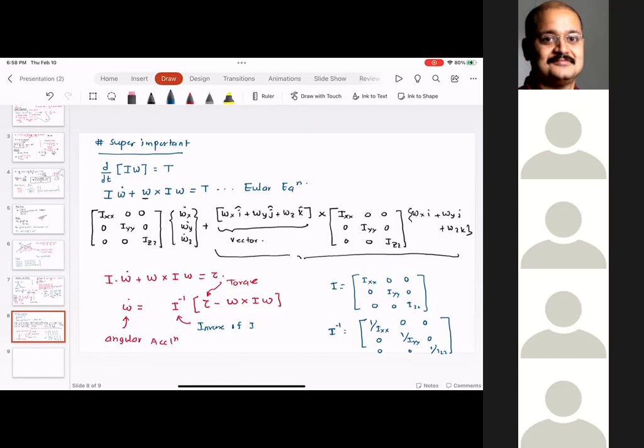Any questions about tau? Tau is tau x i, tau y j, tau z k. So this omega dot is omega x dot, omega y dot, omega z dot, with components i, j, k.